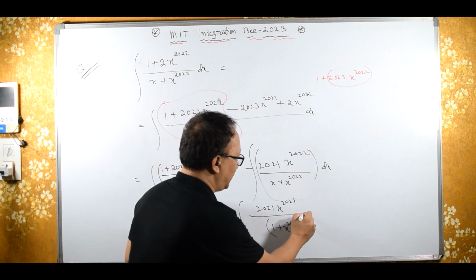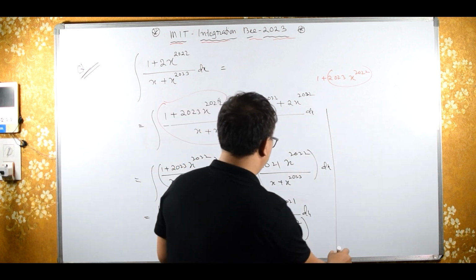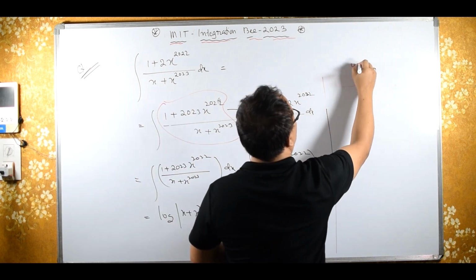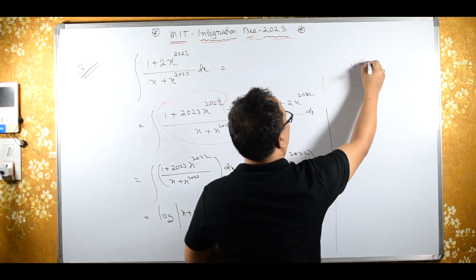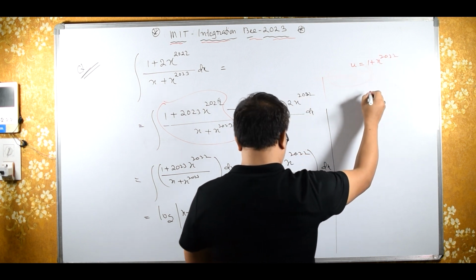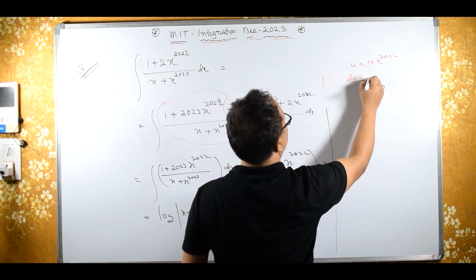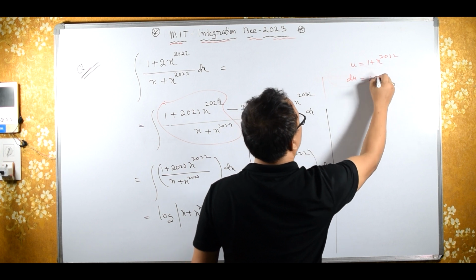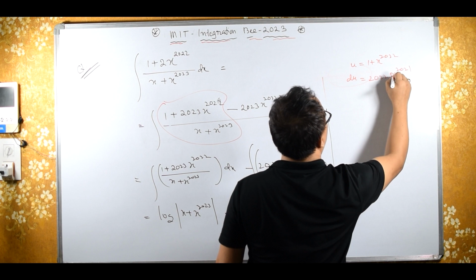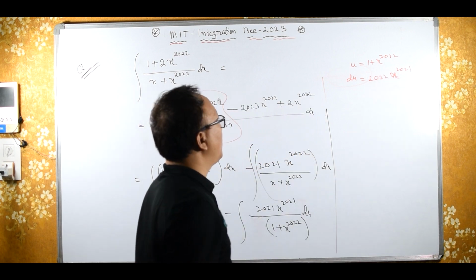Now let's say differentiation of this denominator. We have dx over here. Differentiation of this denominator is what? Let u equal 1 plus x raised to 2022. du equals, this is 0, 2022 x raised to 2021.